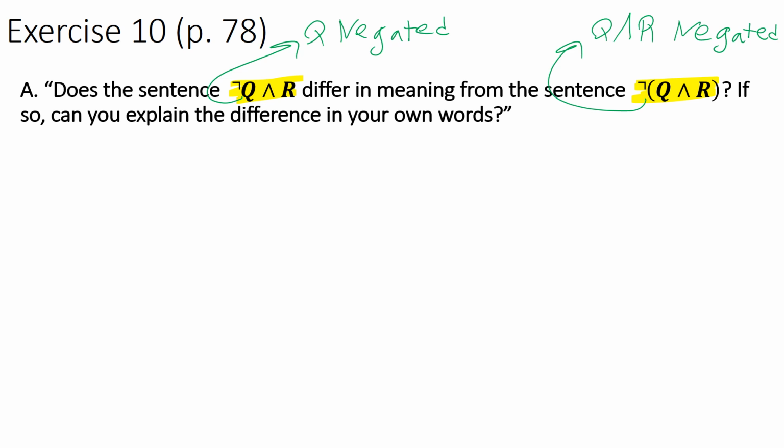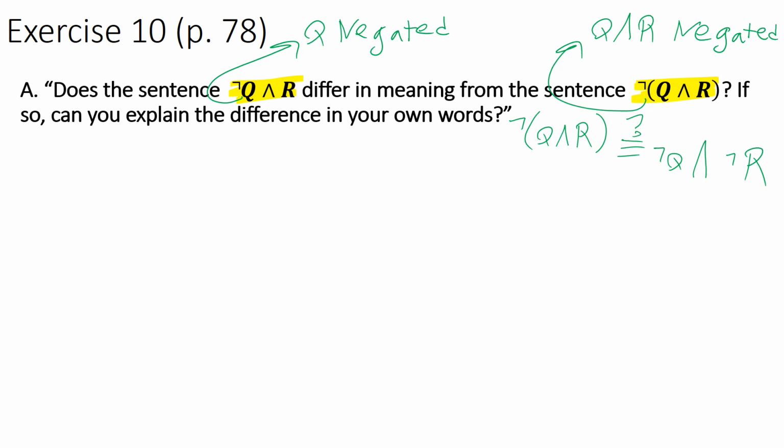For example, in basic algebra, we know that you can distribute a negative sign. Could something similar happen here? That is, is the sentence not, parentheses, Q and R, close parentheses, identical with not Q and not R? Well, let's think about it.